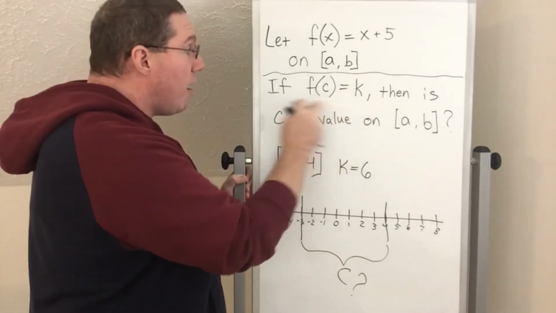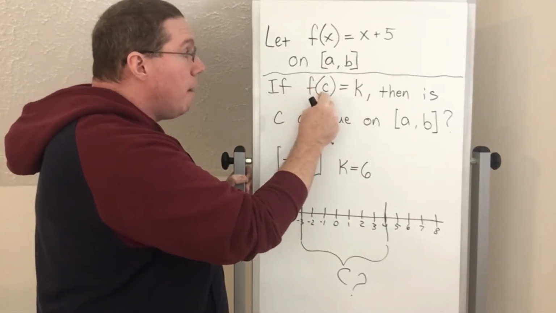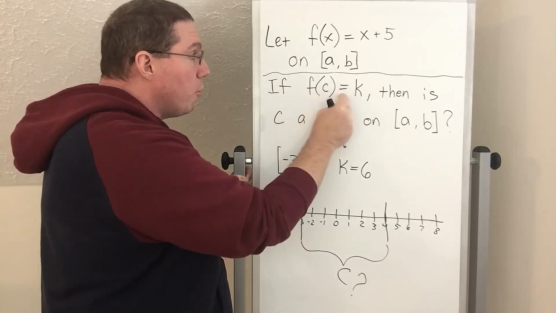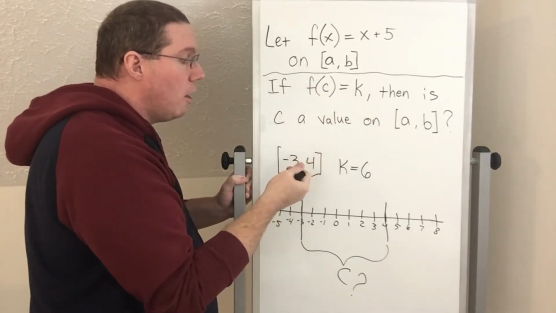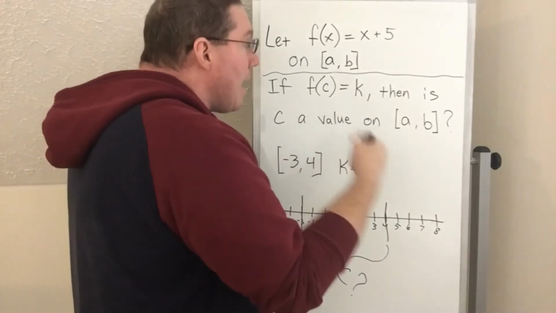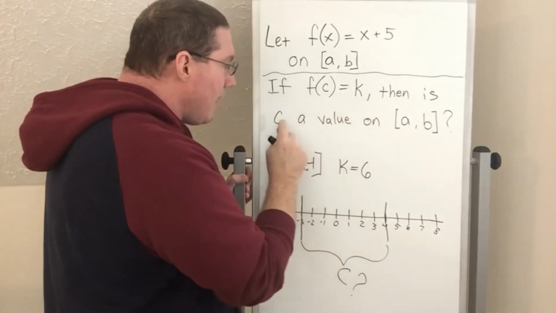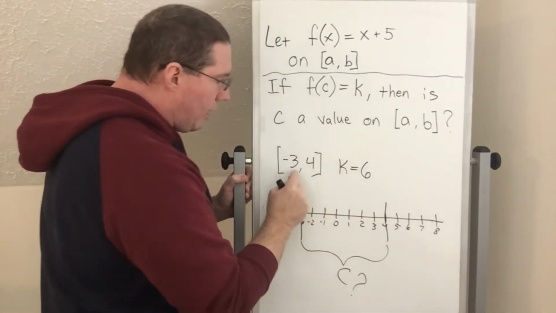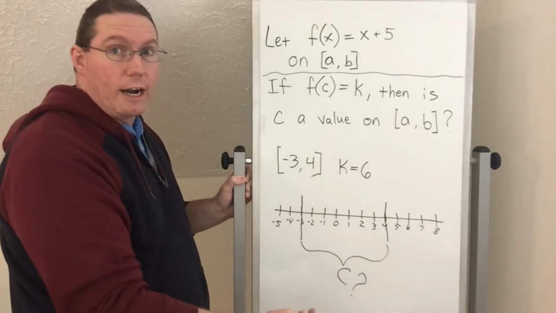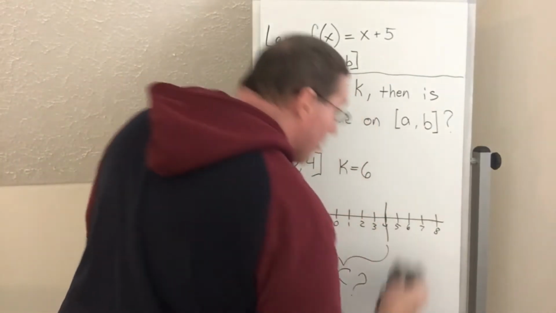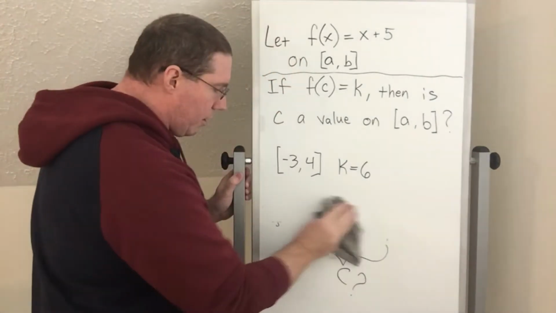Well, this says that it does. It says if c plugged into f of x produces an output value of k, then, if that's true, is c a value between -3 and 4? That's all we're trying to answer here. And I'm making it sound a lot more complicated than it really is.